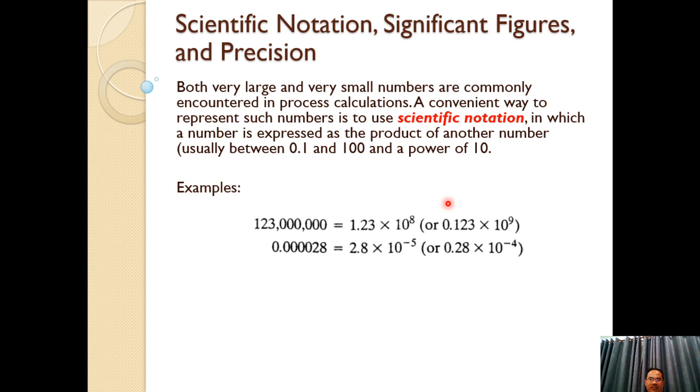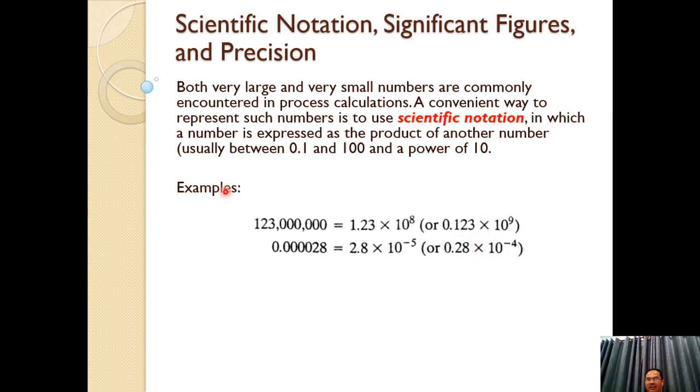The next topic we will talk about is scientific notation, significant figures and precision. For scientific notation, in engineering we have a lot of techniques to report a number. For example, 123 million is a lot of digits, but in engineering you can write it as 1.23 multiplied by 10 to the power 8, or 0.123 multiplied by 10 to the power 9.